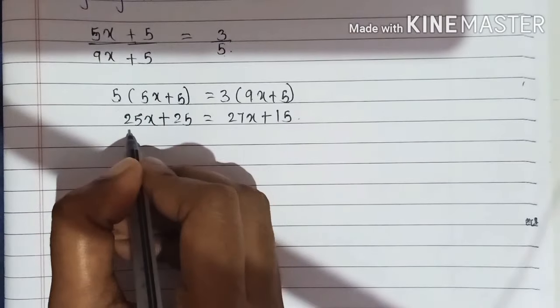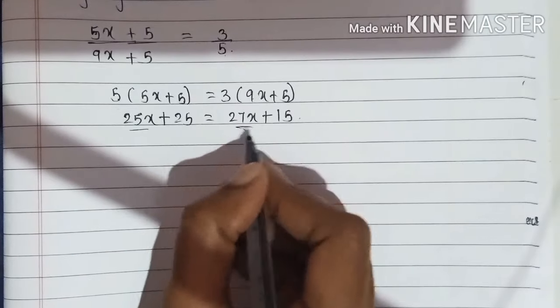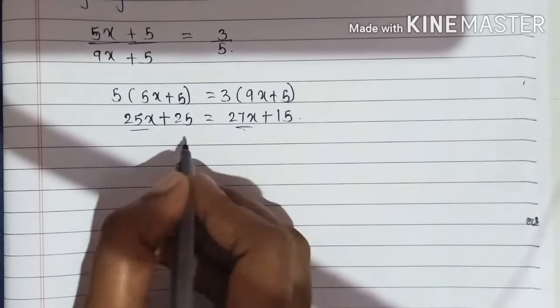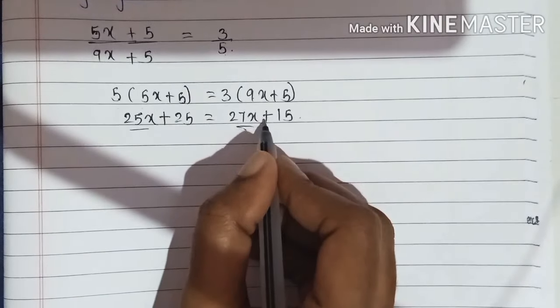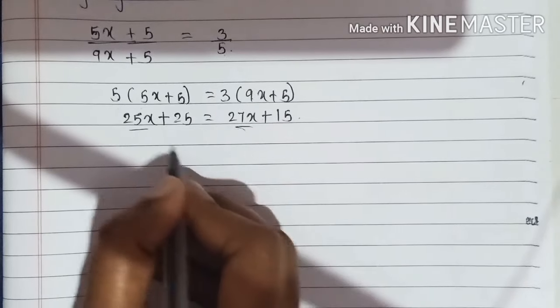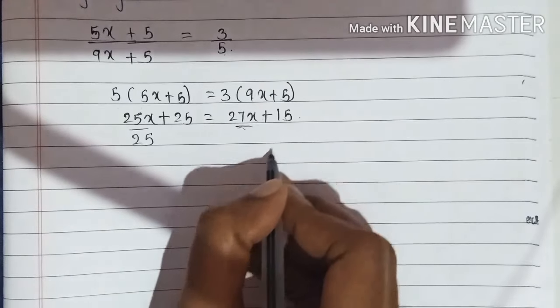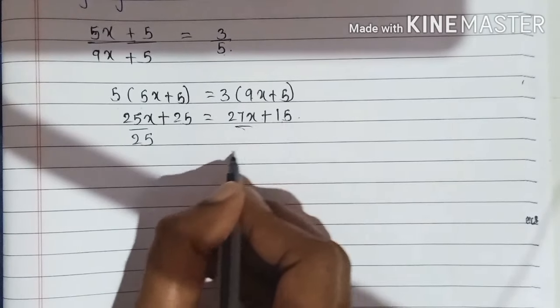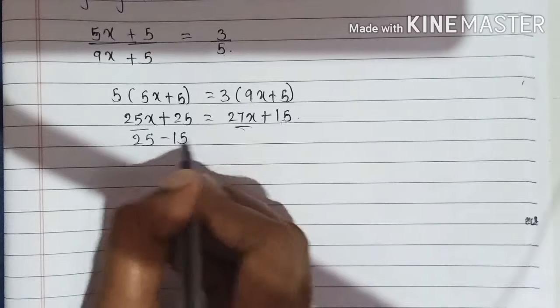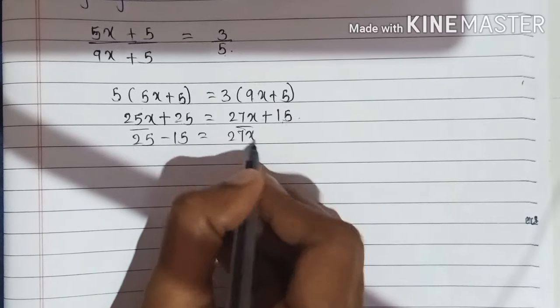Now write the same terms together. Now take this 25x to the right hand side and bring this 15 to the left hand side. First we will write 25. Now we will take this 15 to the left hand side. This plus 15 will become minus 15, and copy this 27x.